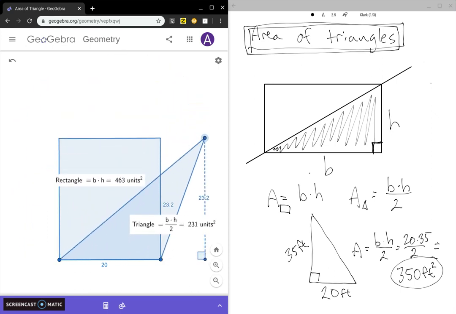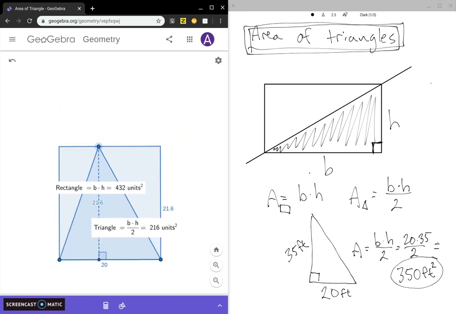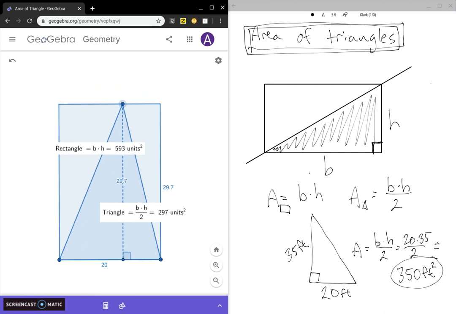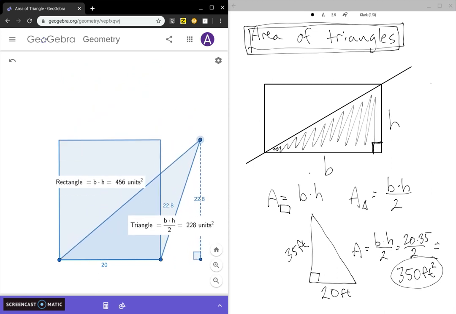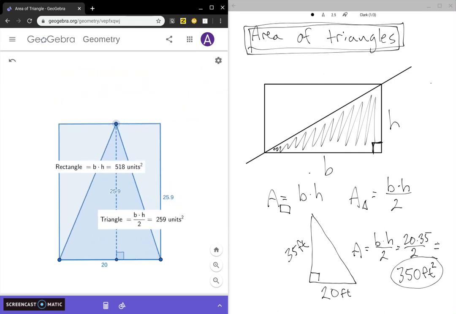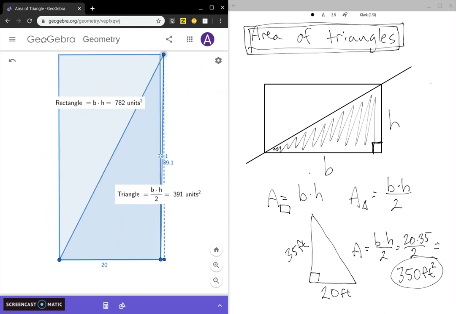You can see here's an obtuse triangle, some acute ones, so the acute ones fit inside of this rectangle. But notice even for this obtuse, the dotted line is the height or the altitude of the triangle. And it's set up to always match the height of this rectangle. So right now they're both at 36.1.